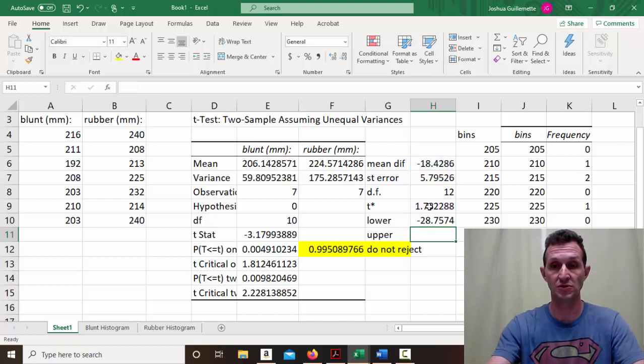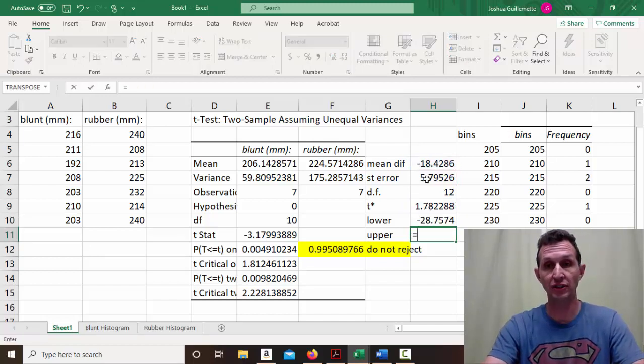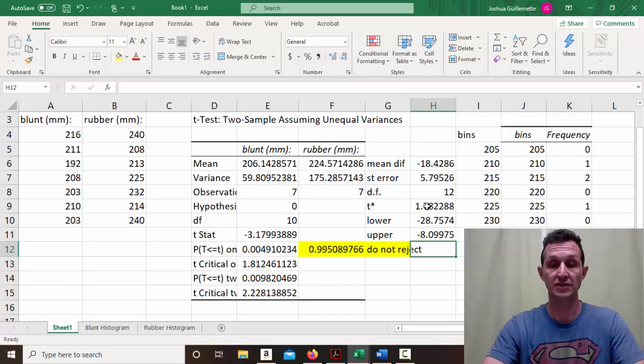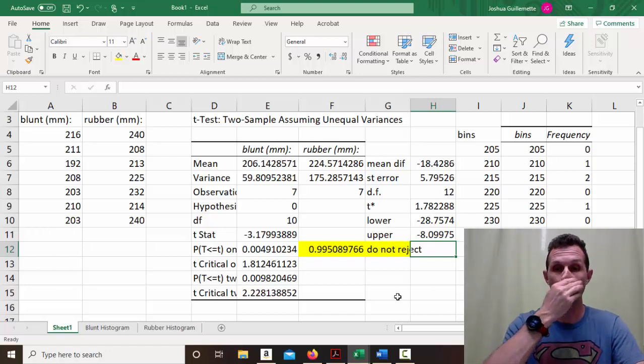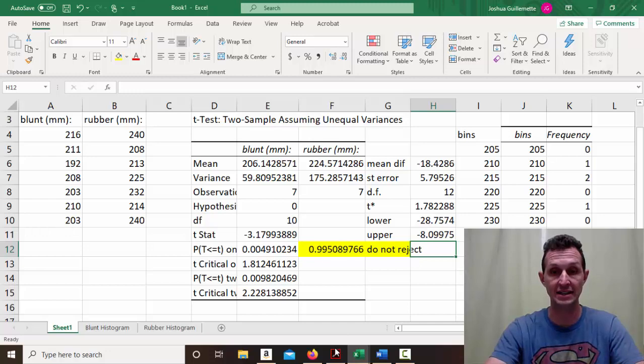Okay, so all of those 3 numbers are there. For the upper value, I'm going to take that mean difference and add to it the standard error times the T critical, and that's going to be my upper value. And of course, -8 is actually bigger than -28, and so that is my actual limit there. Now, I'm just going to round this to 29 and 8.